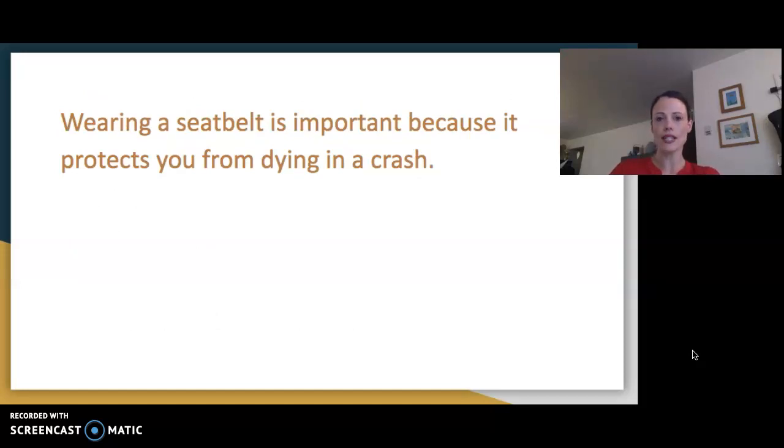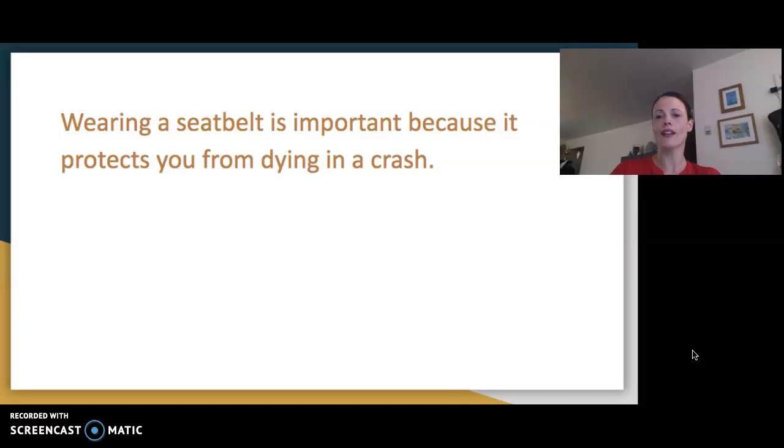It's usually a good idea to immediately decide, does it have one subject and verb or two? Then find the subjects and the verbs first, and then look for gerunds. So, how many parts here? Wearing a seatbelt is important because it protects you from dying in a crash.